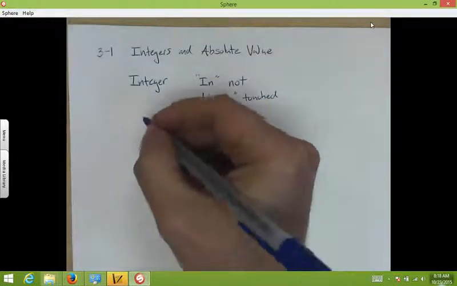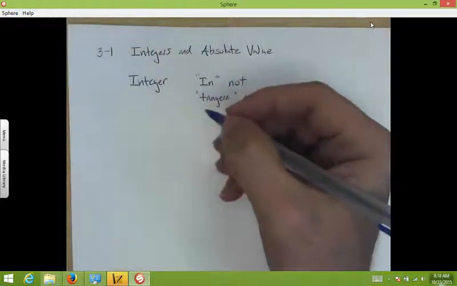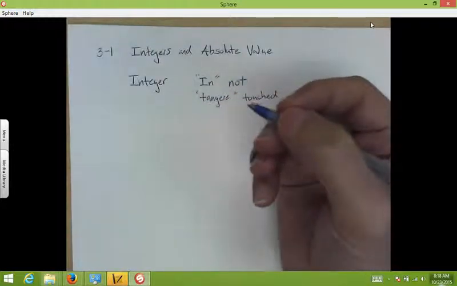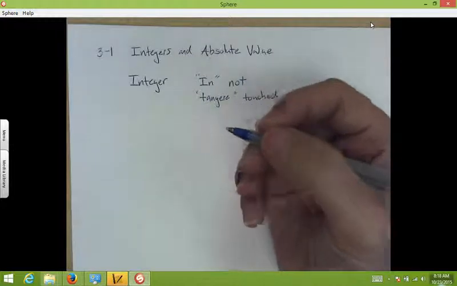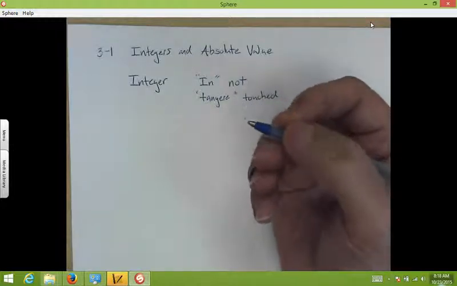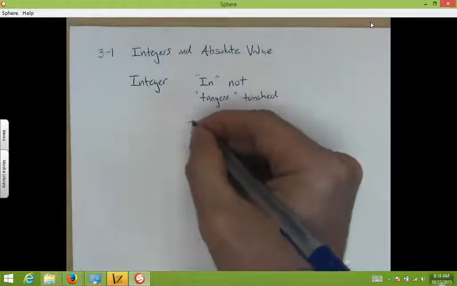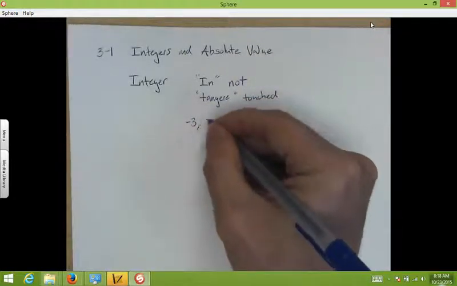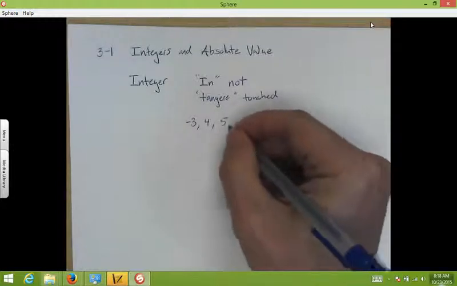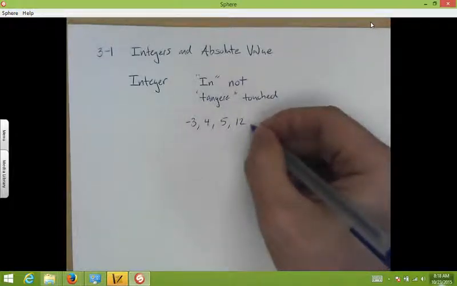So integers are positive and negative numbers that are not divided. So things like -3, 4, 5, 12, these are integers.